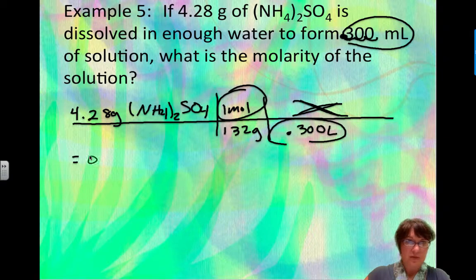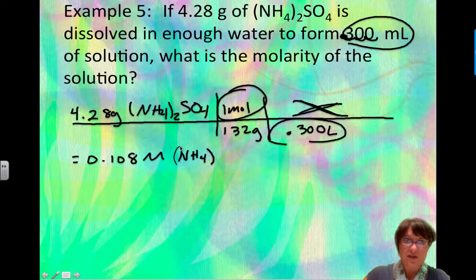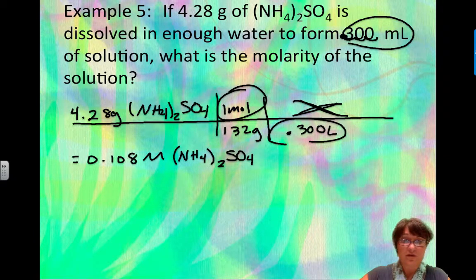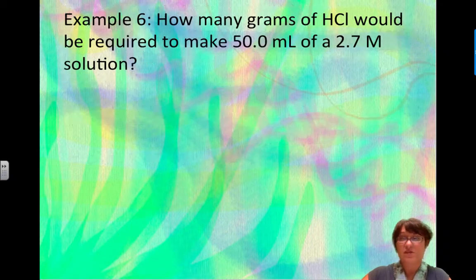So I just find it to be easier to put this all in one line on my T table and not to first do moles and then in the next step do moles divided by liters. I like to combine it into one T table and just get it all done. If you want to do two steps like we did in example 2, that's fine. Do it however it works for you that you're consistently getting the right answer.